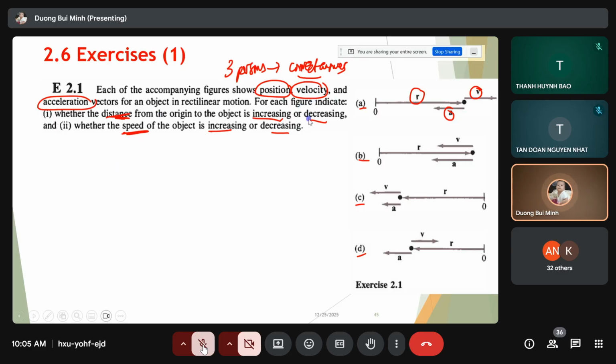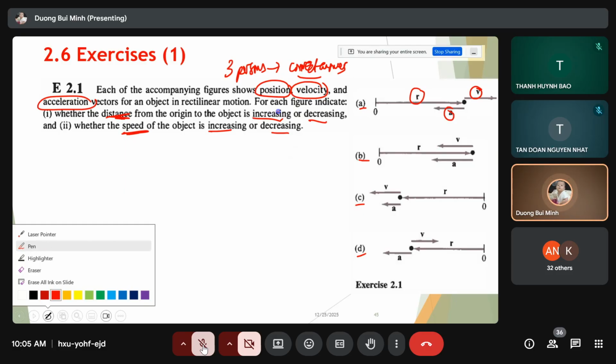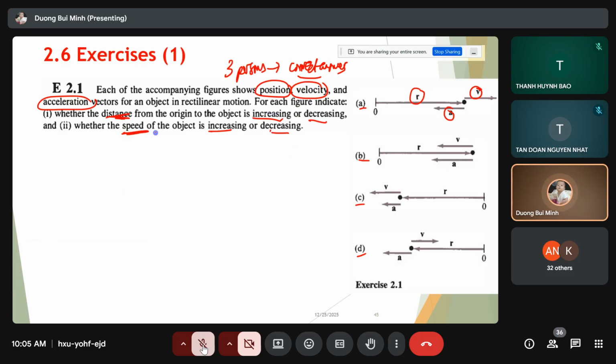We have two answers for every figure, right? First of all, we need to determine whether the distance is increasing or decreasing. And the second one, whether the speed is increasing or decreasing.